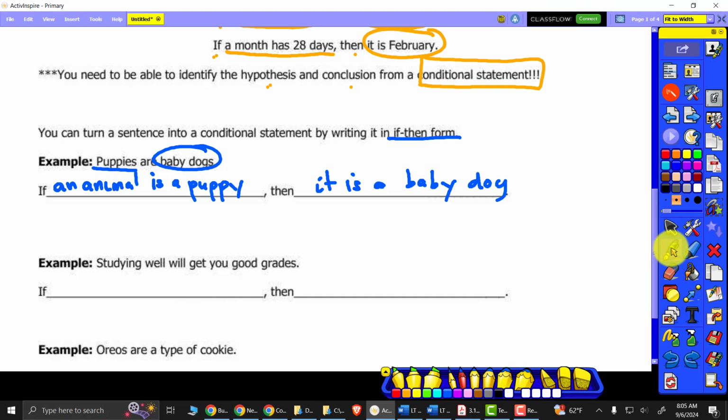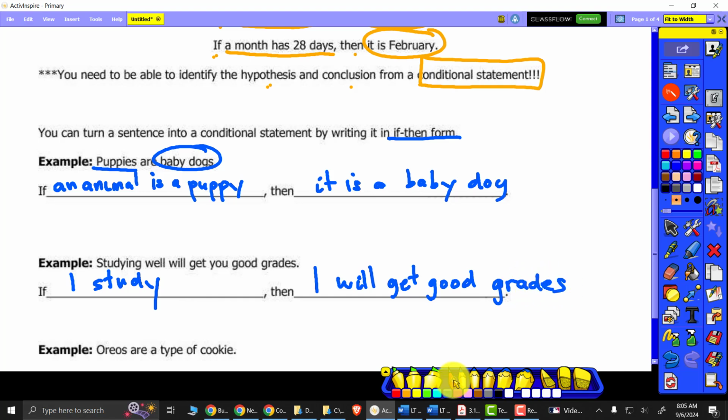Okay, the correct answer here is that if I study, what will be the conclusion? Then I will get good grades. So this is our hypothesis. This is our conclusion.